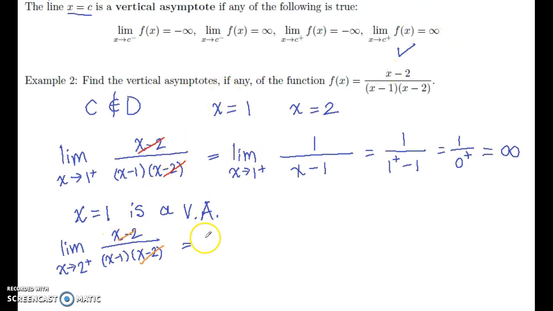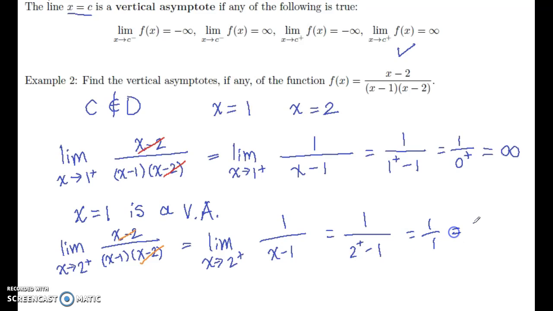This limit is equivalent to the limit as x approaches 2 of 1 over x minus 1. With direct substitution, it is 1 divided by a little bit more than 2, subtract 1. So it's 1 over 1, and it's 1.